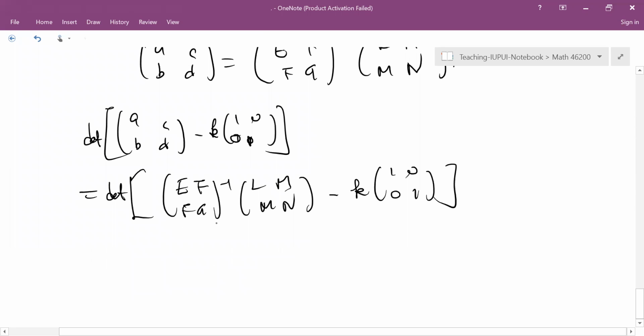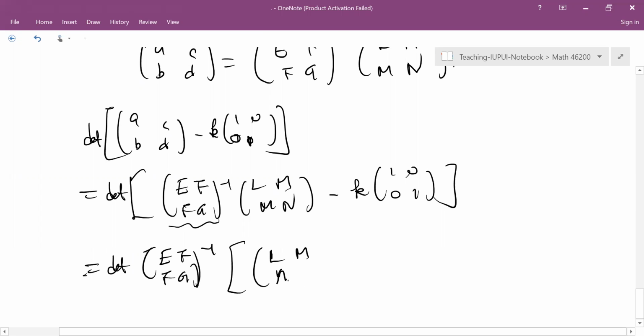So I take this matrix out: the inverse of E, F, F, G, and here L, M, M, N.